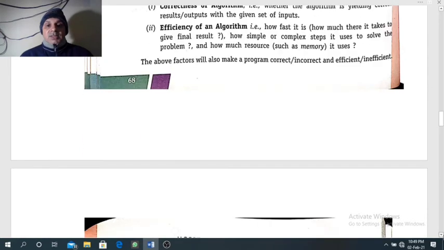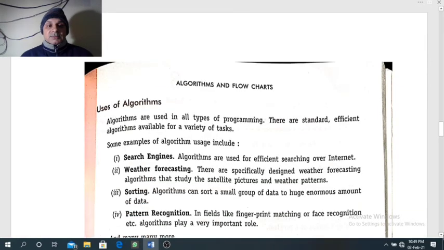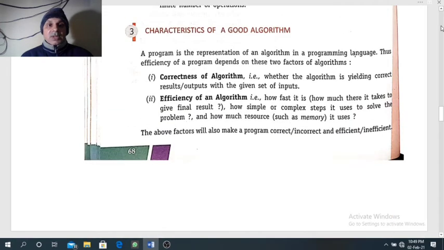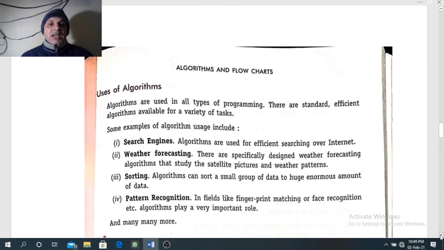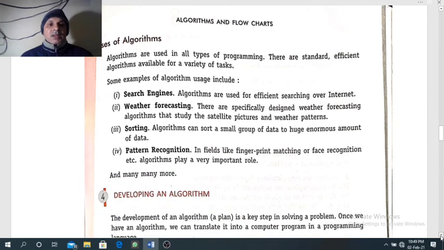So we have discussed characteristics of a good algorithm. Now, where this algorithm can be used. All of you would have used Google search engine to search for many things.